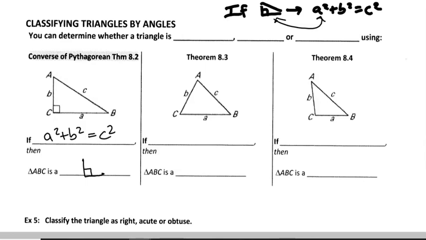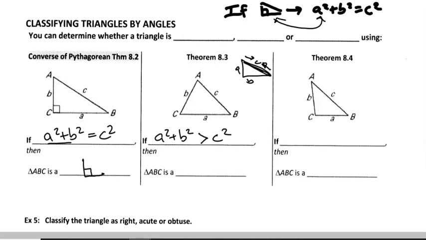Now I want you to think about this. What would happen if the c side got smaller? So instead of a squared plus b squared equaling c squared, if a squared plus b squared was bigger than c squared, the c squared part got smaller, therefore that left-hand side is bigger. Imagine a right triangle. This is where a squared plus b squared equals c squared. Now imagine that the c squared part got smaller.